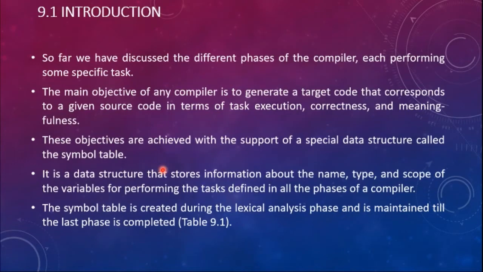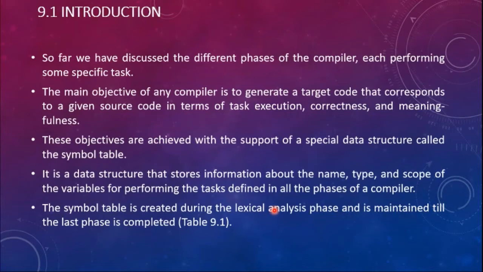Here this symbol table can be treated as a data structure, and this data structure can maintain several pieces of information. That means it either maintains or stores some information about the name, type and scope of the variables, to perform the several tasks or operations defined by the phases of the compiler.